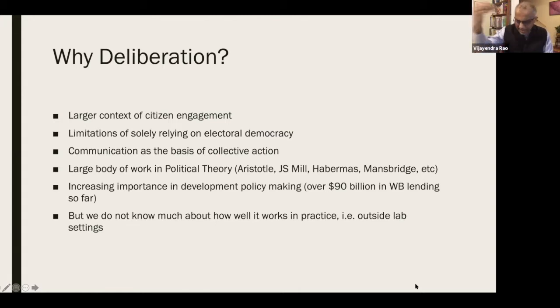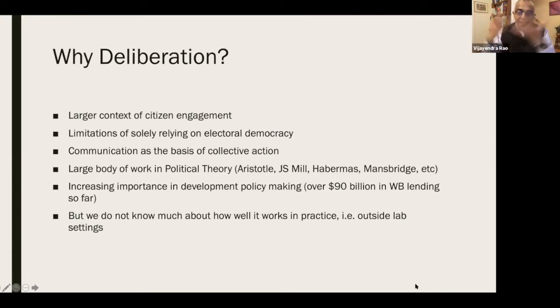There's been a lot of theoretical work on this normative work. You see it, of course, famously with the Greeks, going actually far before Aristotle. But then it acquired a lot of salience with John Stuart Mill, and then Rousseau and everybody else, until you come to the 20th century, you come to Habermas, who's still alive, and really brought this to the fore.